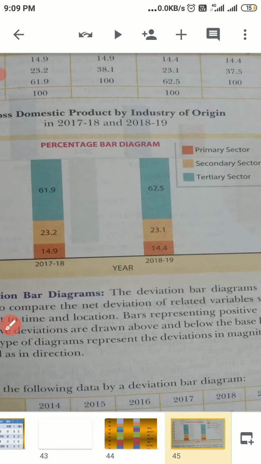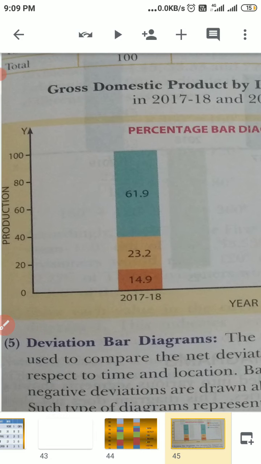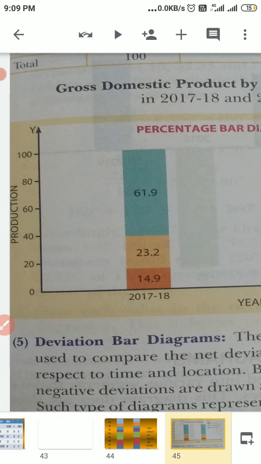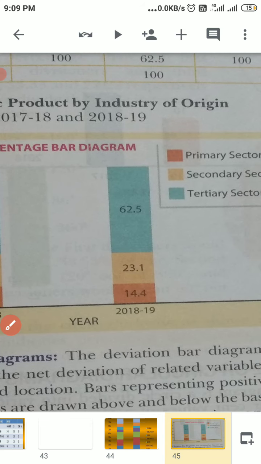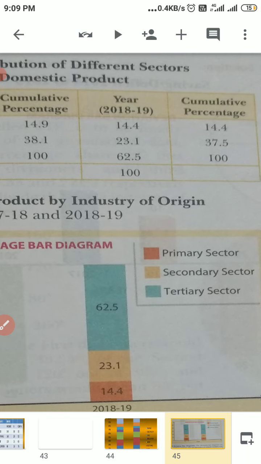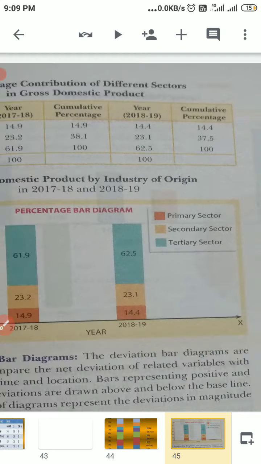You can see here in the y-axis the scale is equal to 100. So every bar will be equal to 100. This is another bar. So keep in mind, if you take cumulative percentage by adding one value after another value, then it is easy to construct the percentage bar diagram.